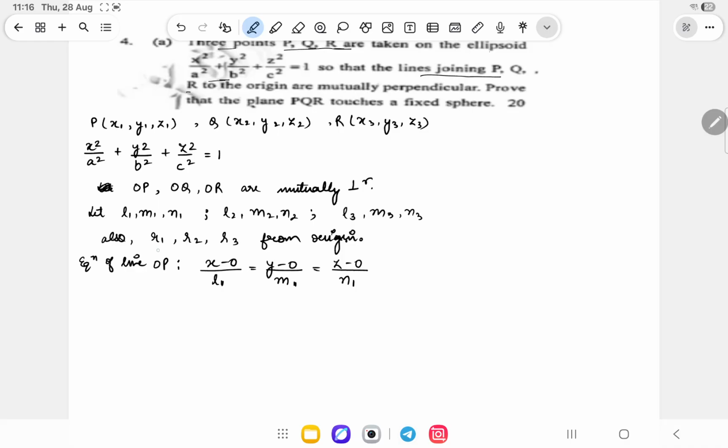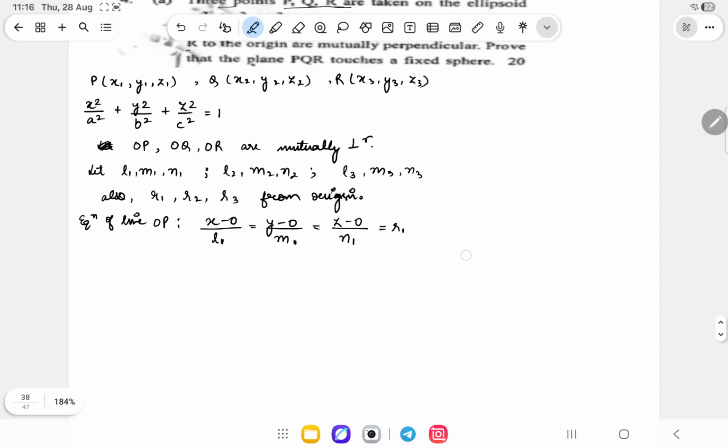Since I have assumed that it is distance r1 away from origin, I can equate it with r1 to get the point P. So my coordinates of point P, that is x1, y1, z1, will be equal to L1 R1, M1 R1, N1 R1.